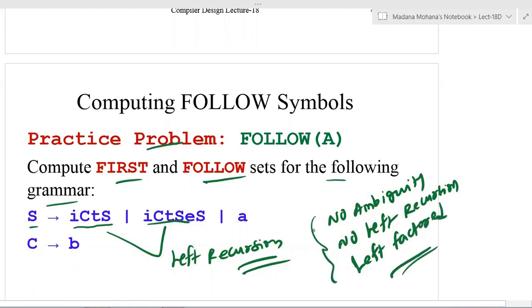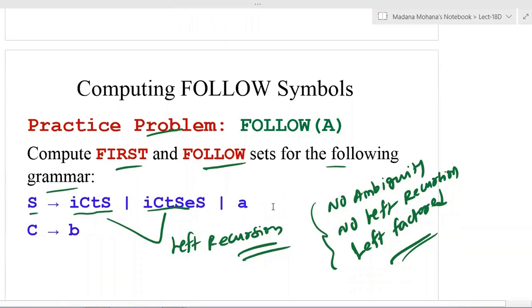Only then is the predictive parser implemented. So these three are not allowed in a predictive parser. This grammar contains left recursion. First you have to remove it. After that you can find out first and follow values.